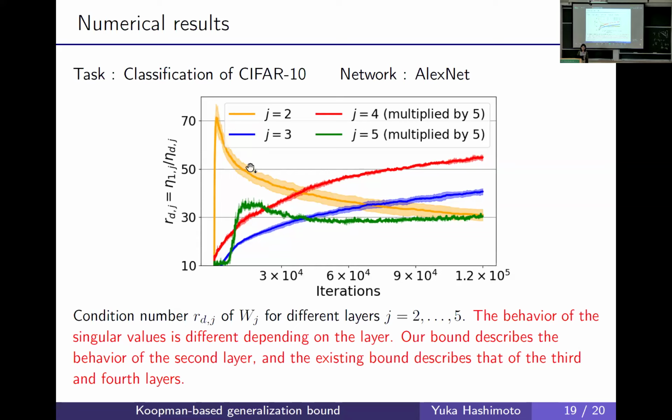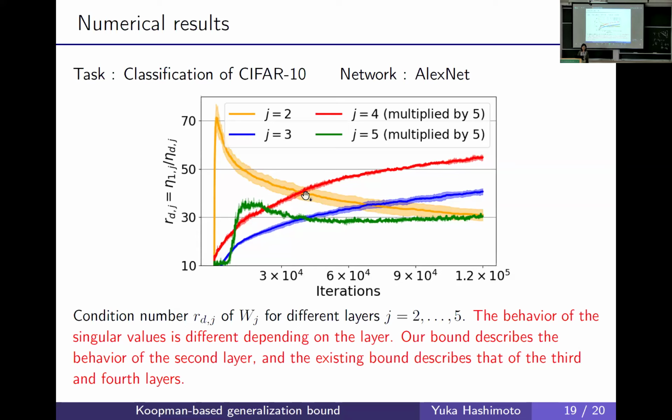We can see that for the second layer, as the learning process proceeds, the condition number becomes small. Our bound becomes small if the condition number is small. So it means our bound is suitable for the second layer, the lower layer.